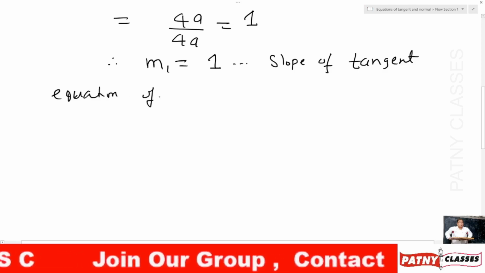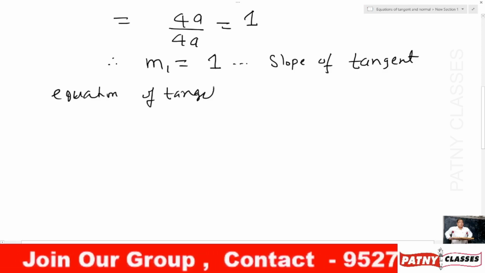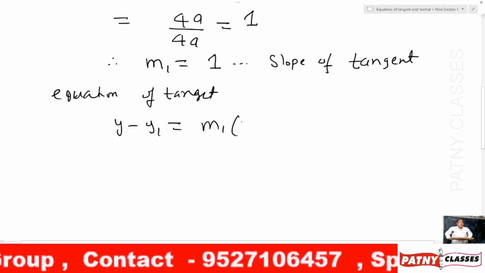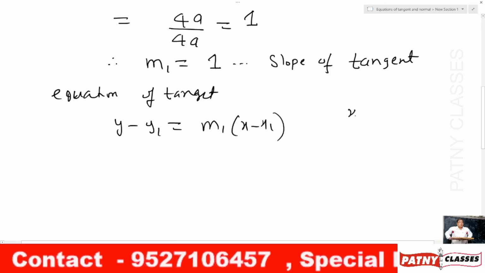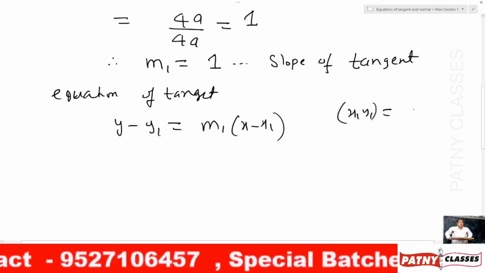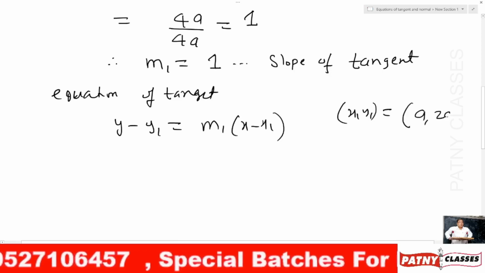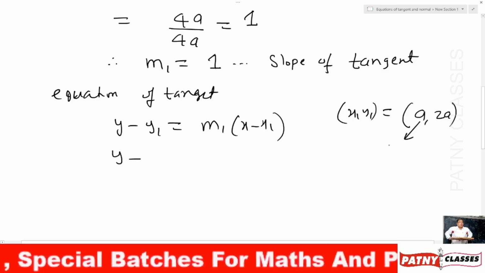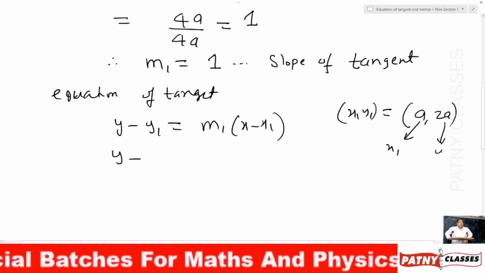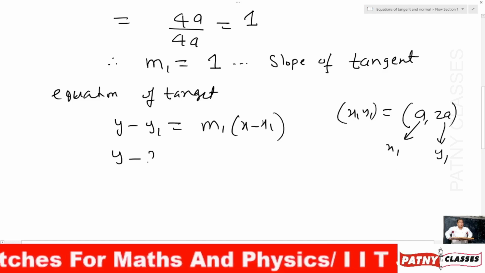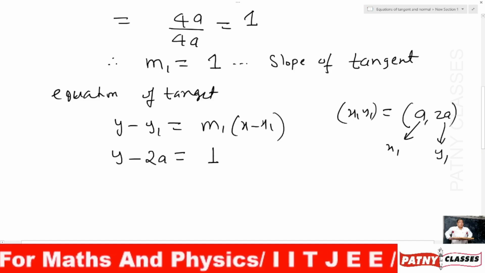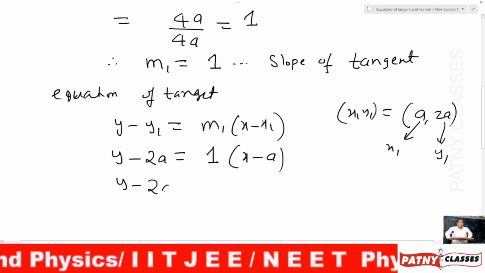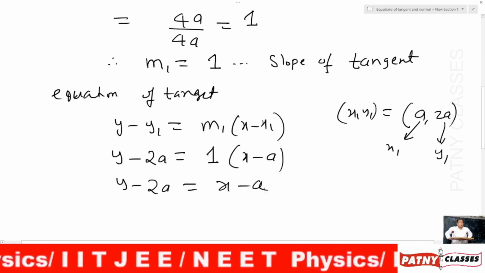Now the equation of tangent. The equation of tangent is given by y minus y1 equals m1 into x minus x1. The point of contact x1, y1 is a comma 2a. So I am going to substitute for that. So y minus 2a, m1 is 1, and x minus a. So y minus 2a equals x minus a.